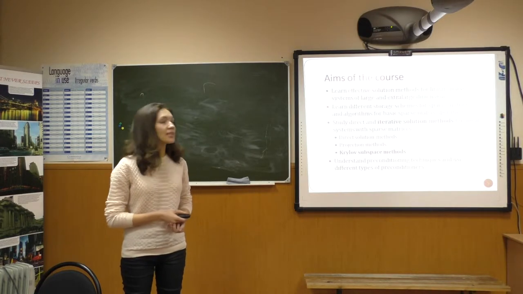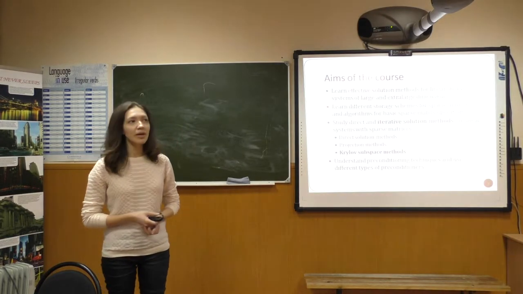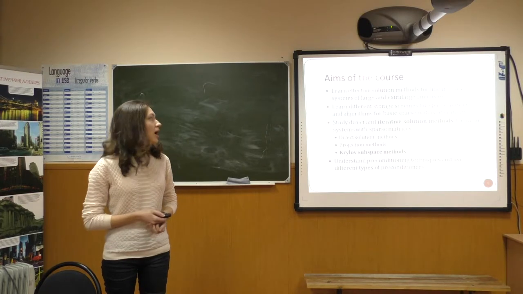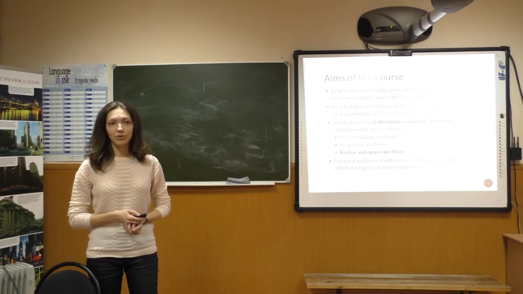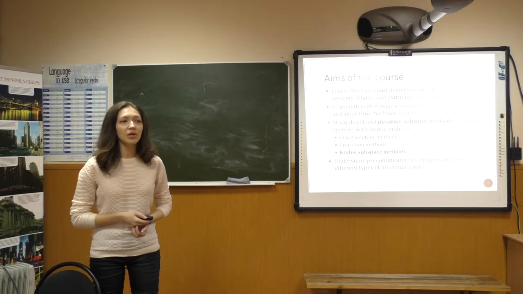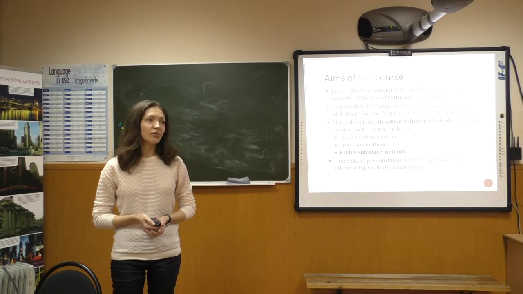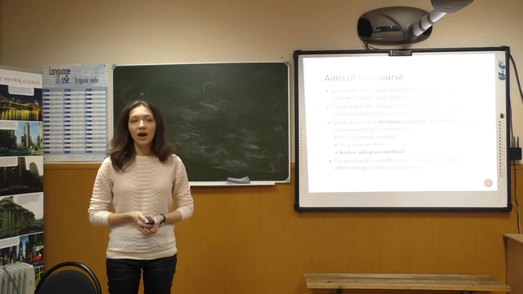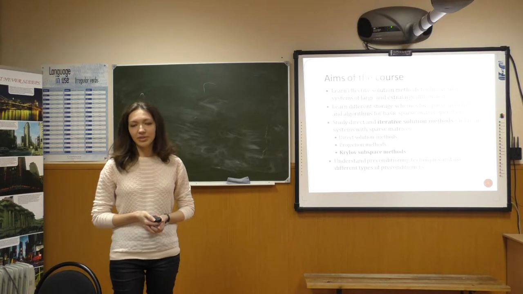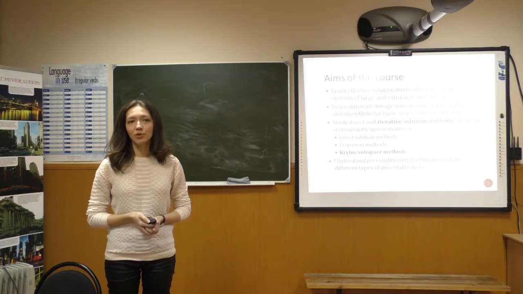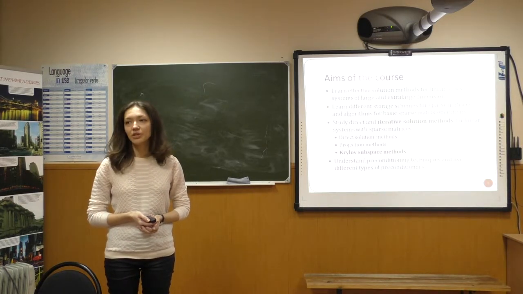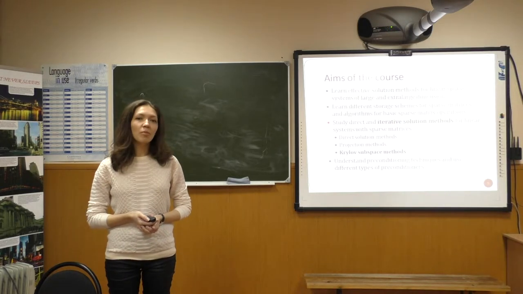For the students, the main aim of the course is to learn solution methods for linear sparse systems. Let me explain that a sparse matrix is a matrix which has a lot of zero components, and these matrices arise from discretization of partial differential equations. So this is really important.